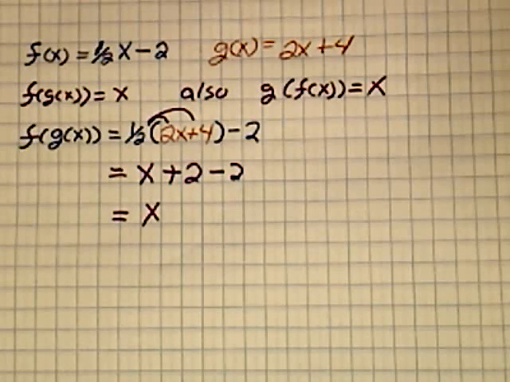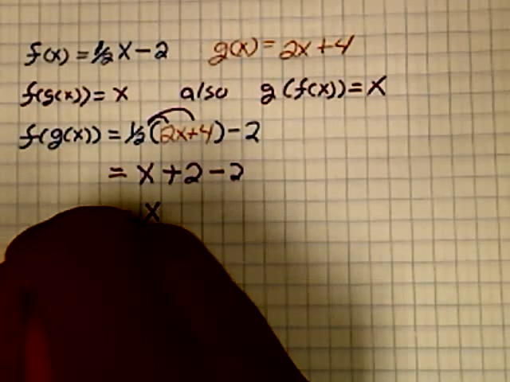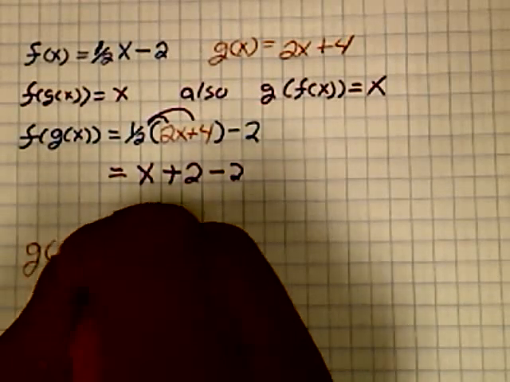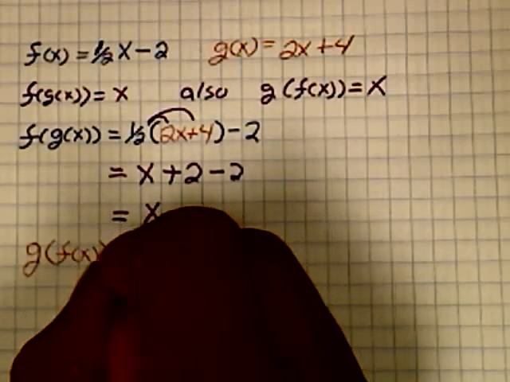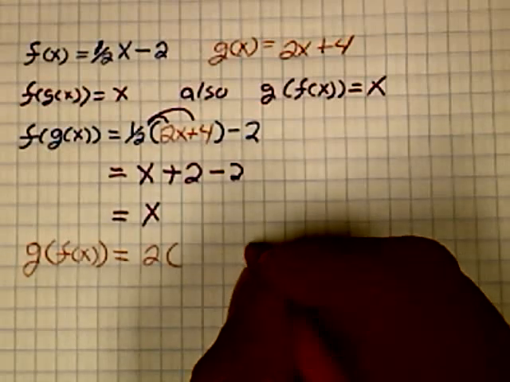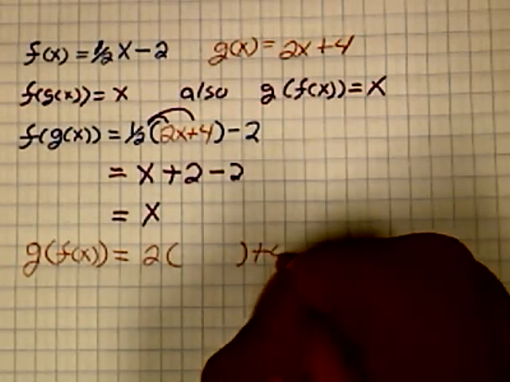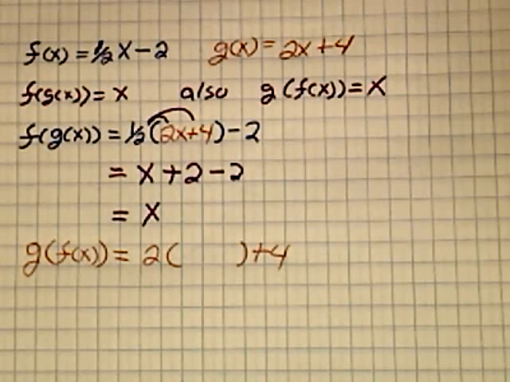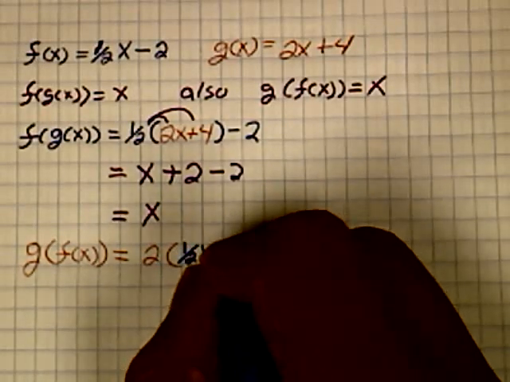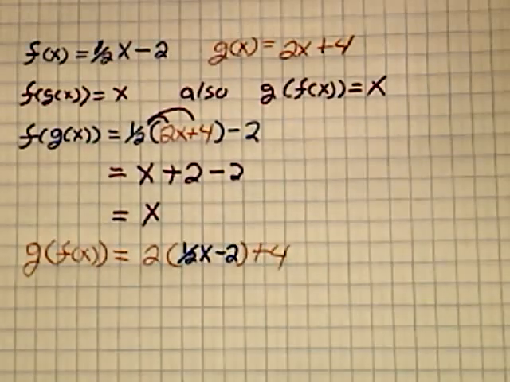Now I will take g of x and plug in f of x, giving me g of f of x. So g of x is 2x plus 4. I'm going to remove the x, and I'm going to replace that with f of x, which is 1/2 x minus 2.